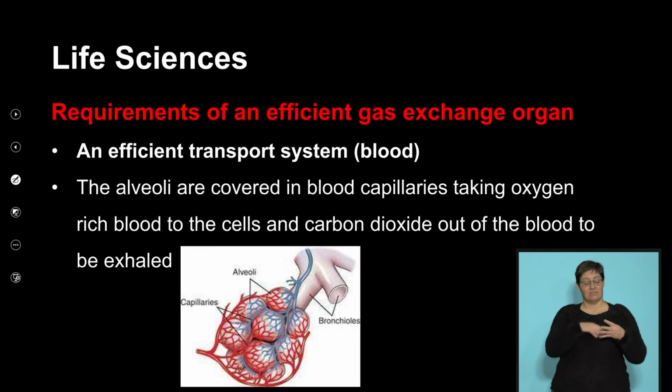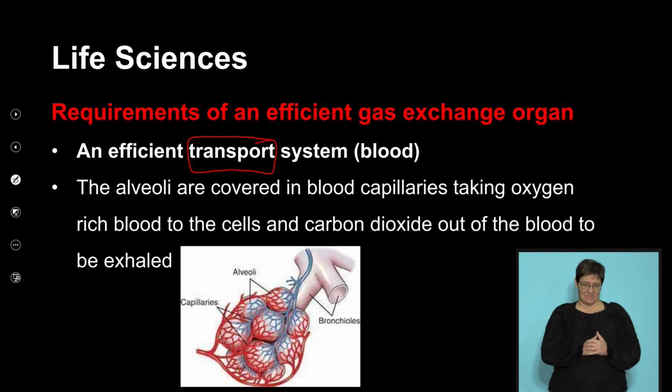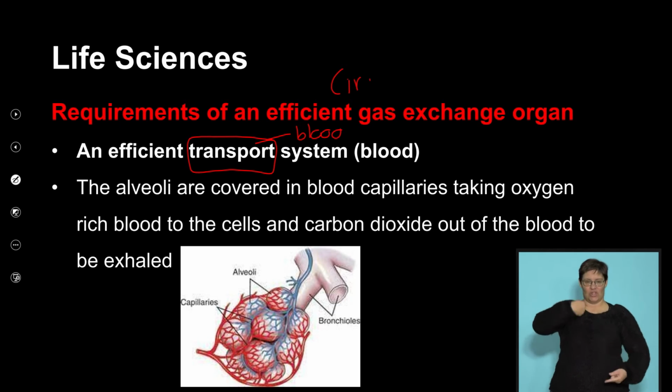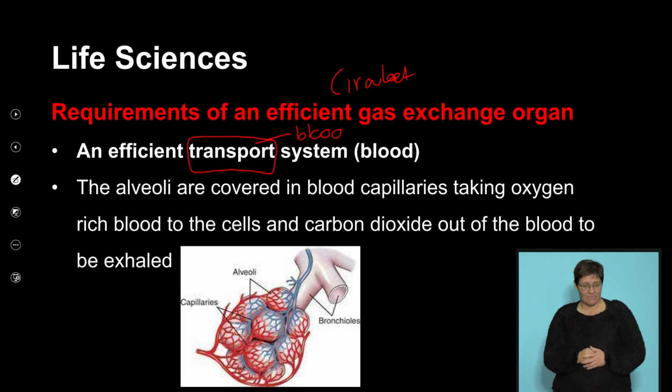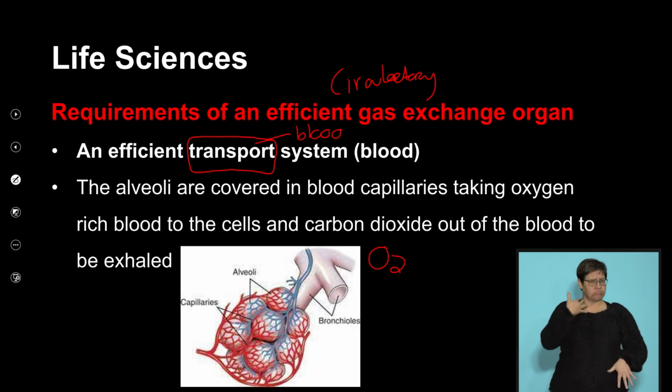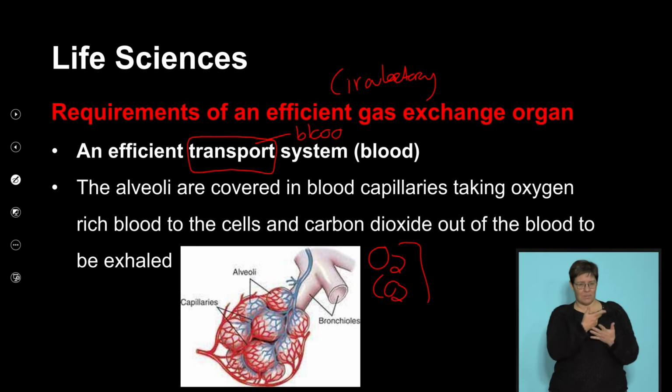Okay, the next thing it needs to have is an efficient transport system. The transport system we're going to call our blood system or our circulatory system, when we looked at the heart and all of that. What transports the oxygen and the carbon dioxide around the body is going to be blood.